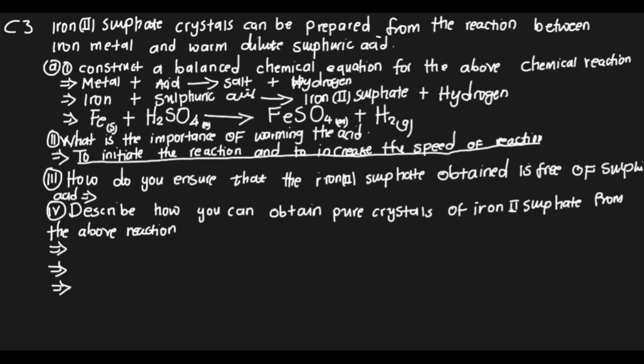Now, if we want a salt that is free of sulfuric acid, how can we get rid of the sulfuric acid? We need to make sure that when reacting, the iron must be in excess. Why? So that all the acid can be used up. Then if there is any remaining iron, it is easy to remove the iron metal from the salt. We can just filter that.